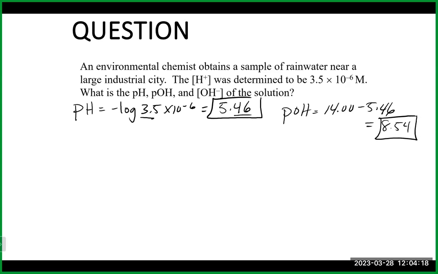And again, at this point, you do have some options. I'm just going to use our pOH here. So our OH minus would equal the inverse log of the minus pOH. So once again, that is a 10 and a caret minus 8.54.